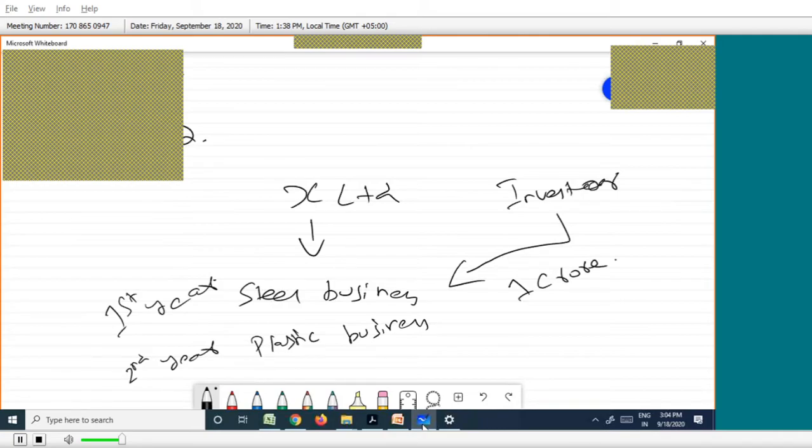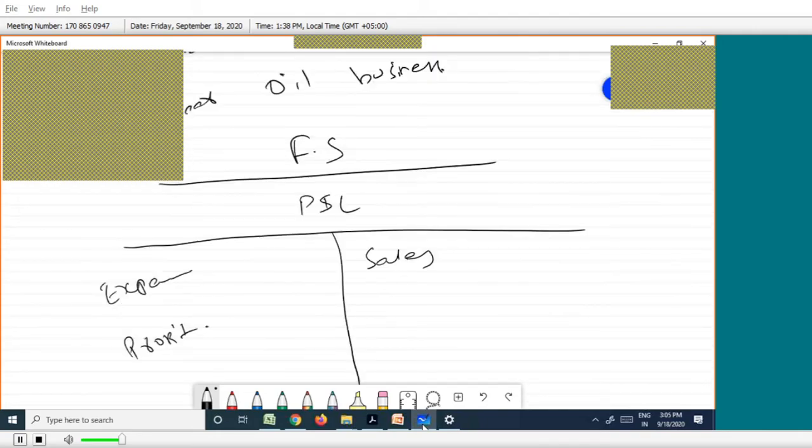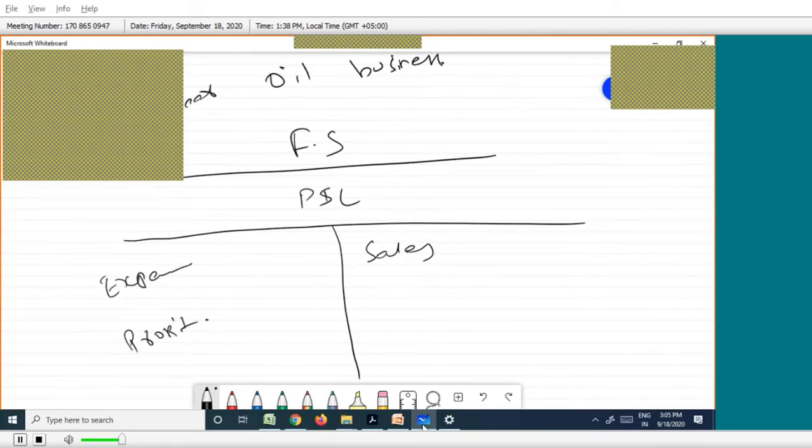Will the company give sales information as from steel this much, from plastic this much, from oil this much?